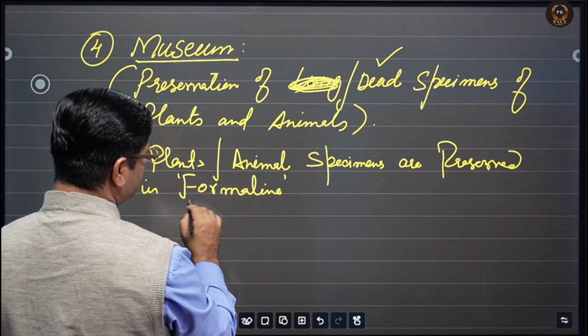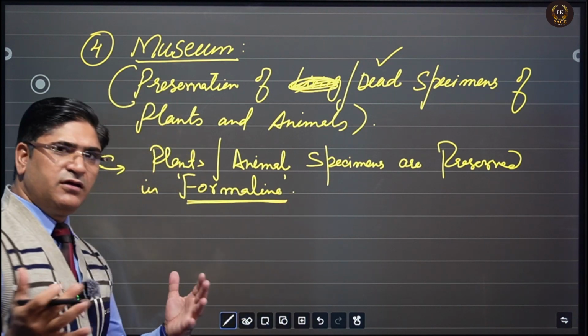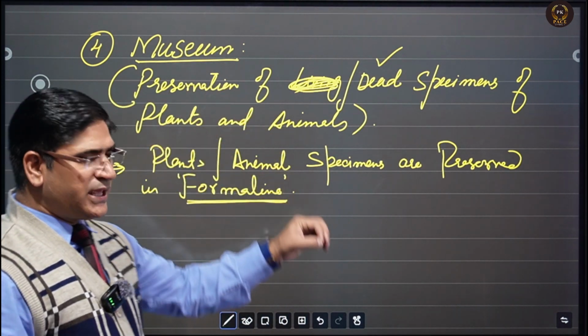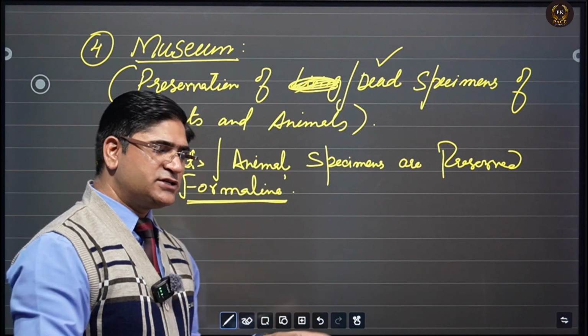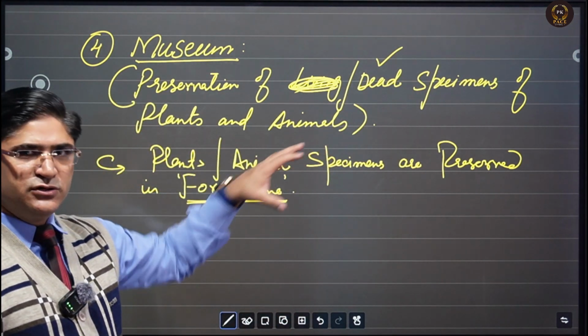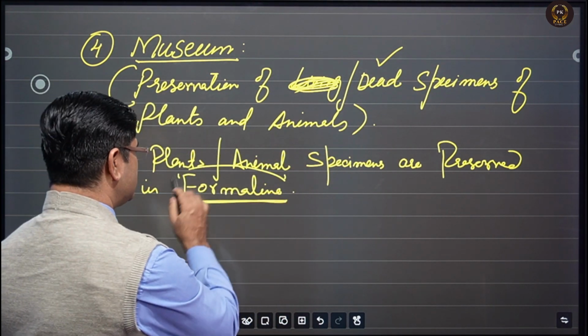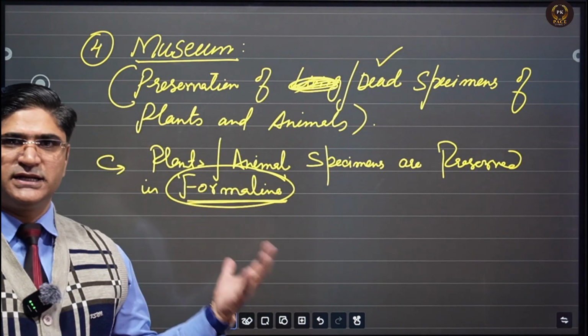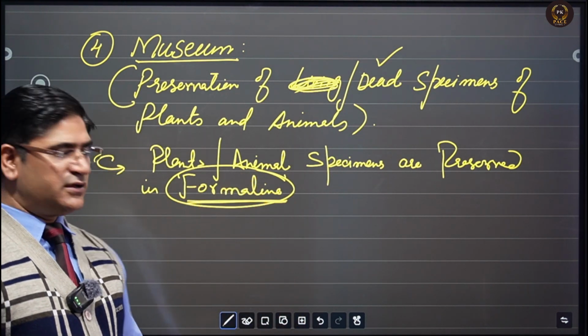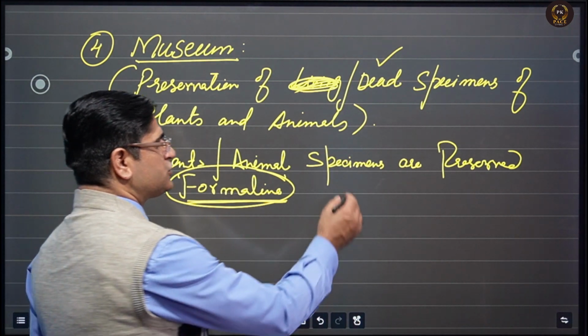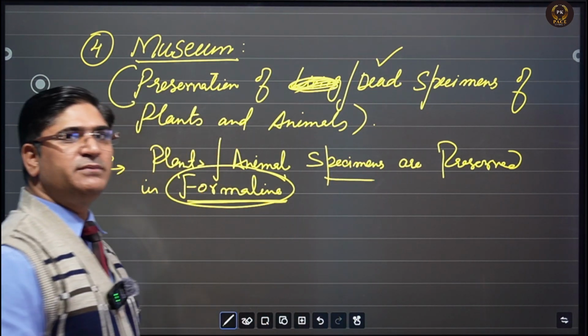There are small jars in the museums where those specimens are kept, and in that jar there is a solution. That solution is known as formalin, and inside the formalin they remain in a smooth condition. Okay, so these specimens are being preserved.